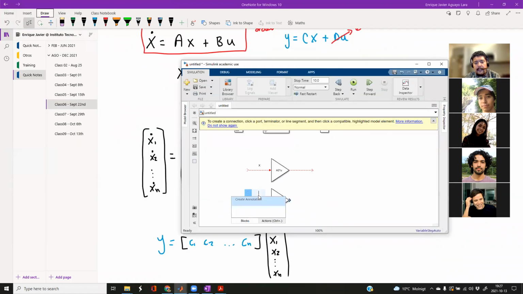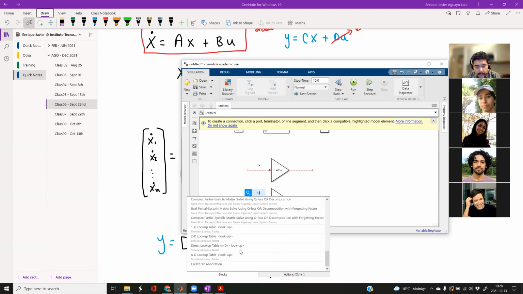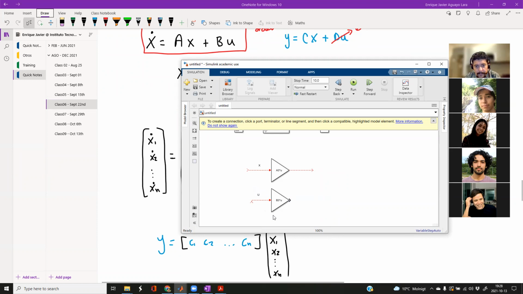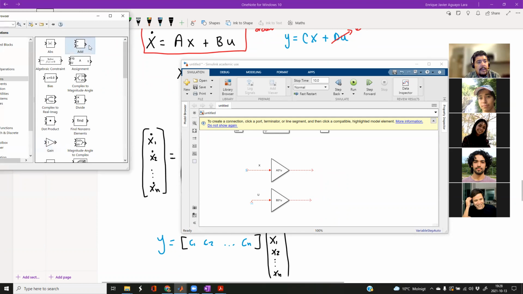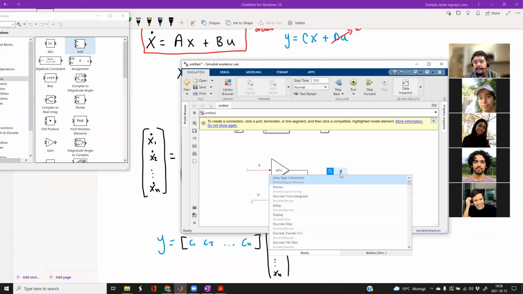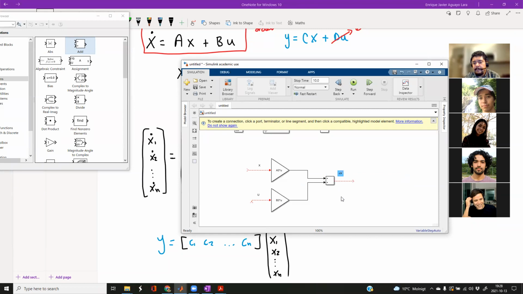So what I have in here is actually u. And then I'll make an addition of both of them. And what is this? This is the derivative of the variable x, right? The derivative of x is equal to a times x plus b times u.